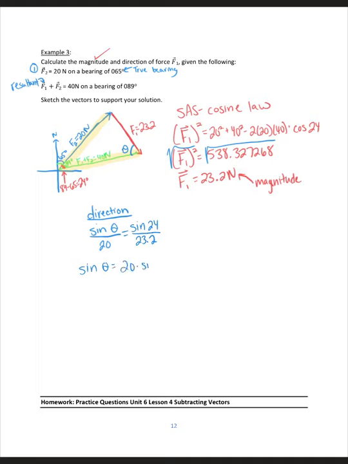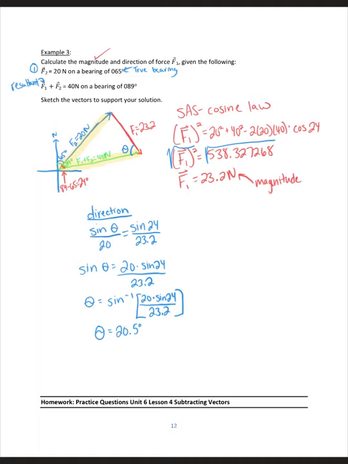So I'll have 20 times the sine of 24 all over 23.2. And then finally we'll take the sine inverse of both sides so that we can isolate theta. So we'll have the sine inverse of 20 times the sine of 24 all over 23.2. So you should get that theta is equal to 20.5 degrees.